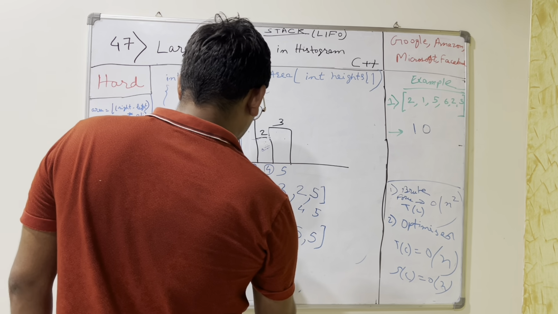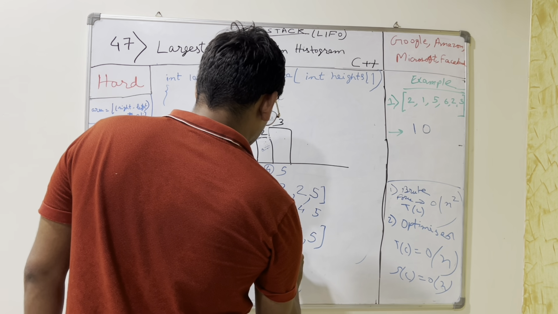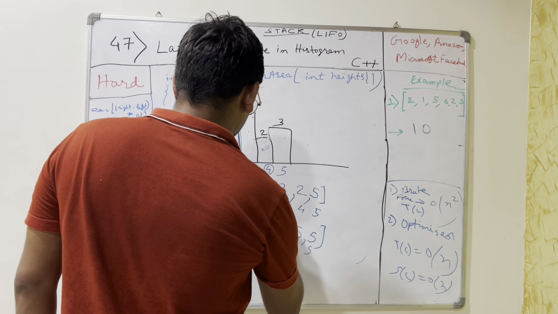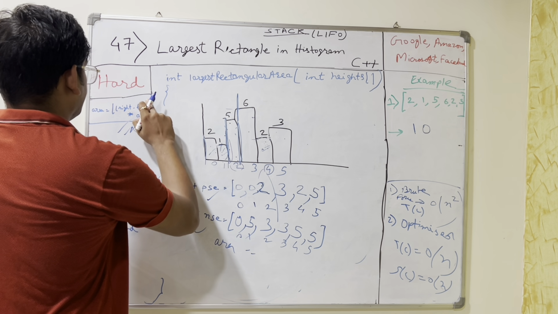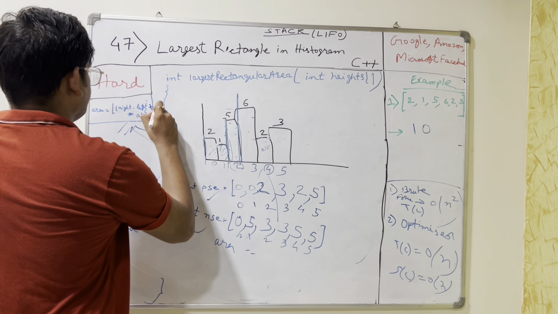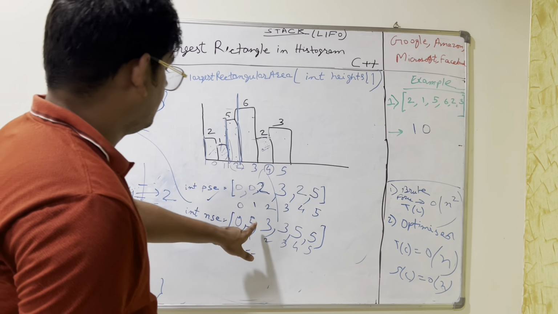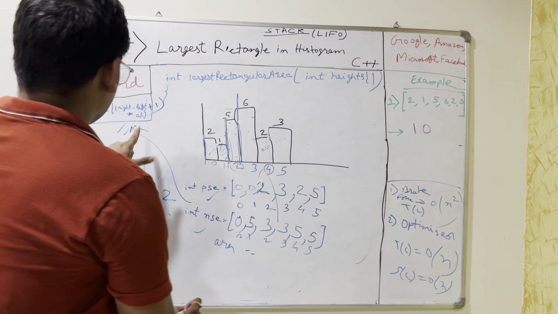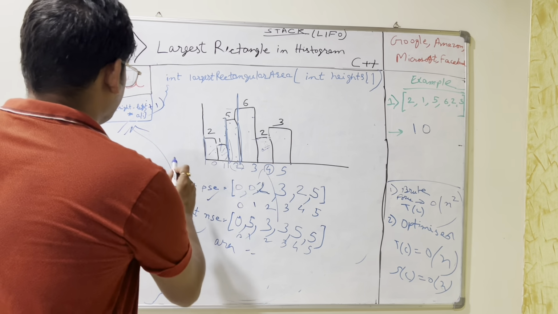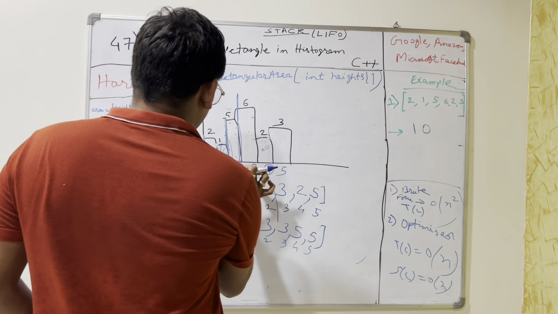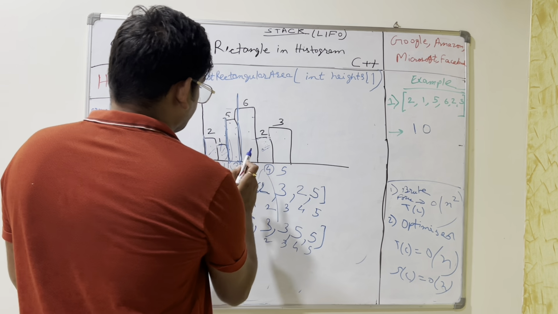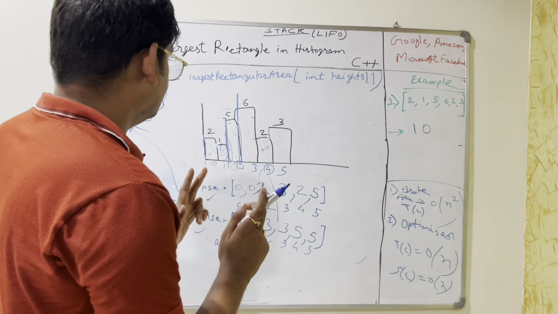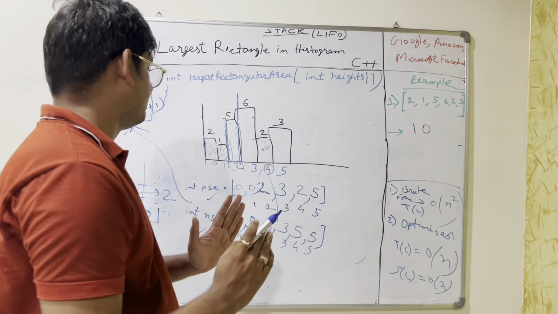So 0 1 2 3 4 5, so 3 minus 2, actually we need to do plus 1 here. 3 minus 2 plus 1 into A of I. Why are we doing plus 1? We need to do it because we are finding the area, so the bar's length itself is 1.